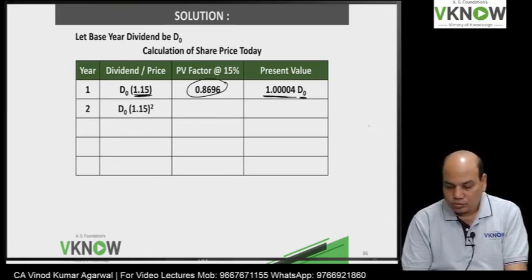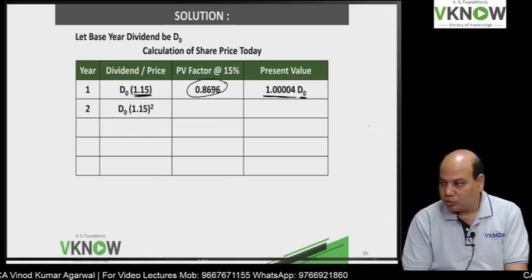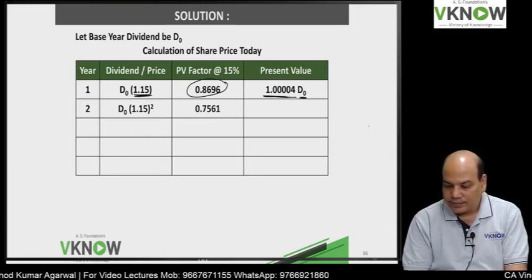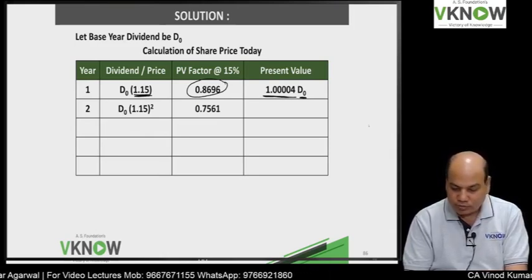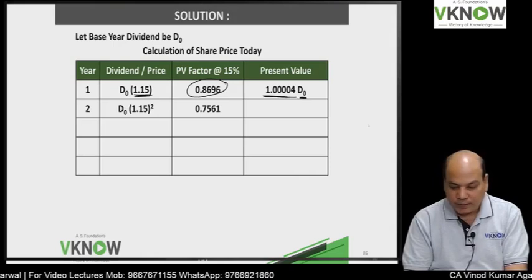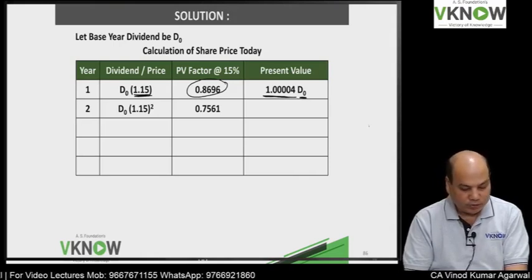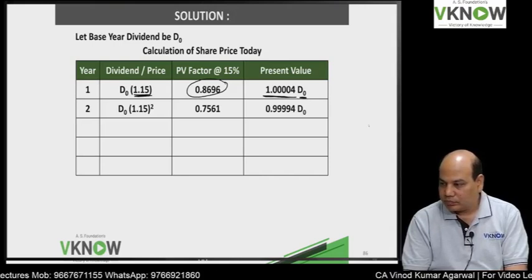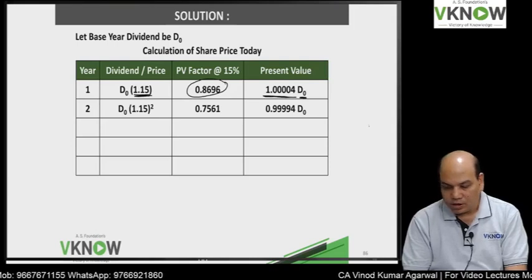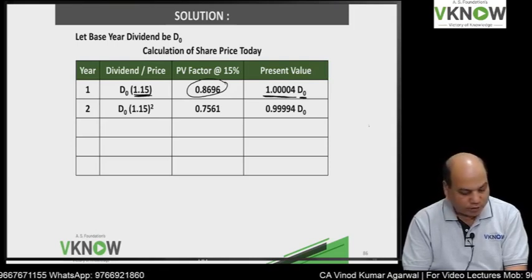Year 2 will be D0 into 1.15 square, factor is printed 0.7561, multiply. How much are you getting? 0.99994 D0 you are getting.